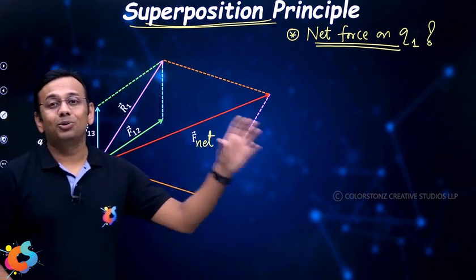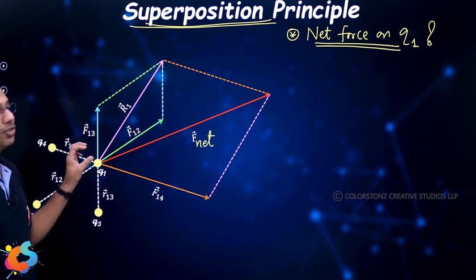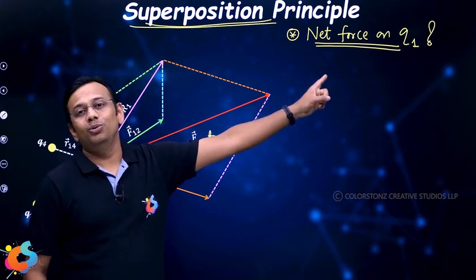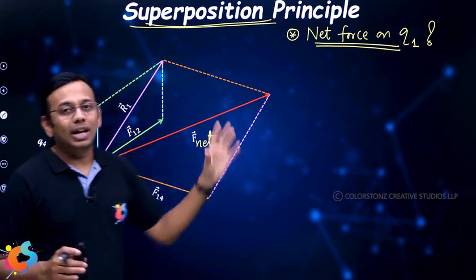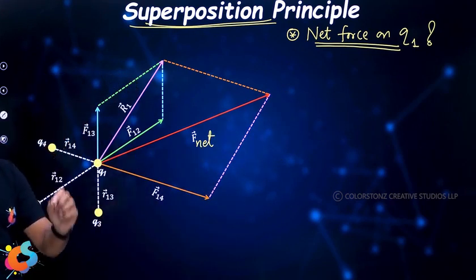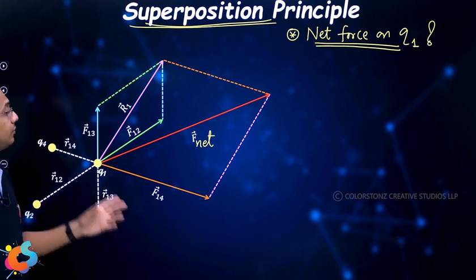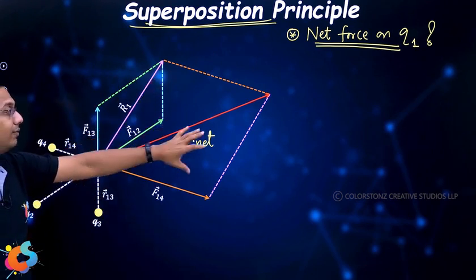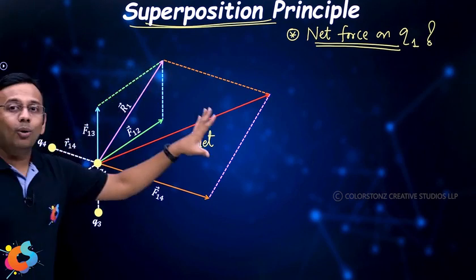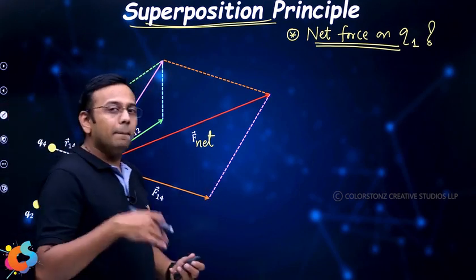The net electrostatic force acting on charge Q1, which we want to find here. Alright, so I hope the approach is clear. The individual interactions do not get affected, they remain the same. The net interaction or the net force is the vector sum of all the individual forces.